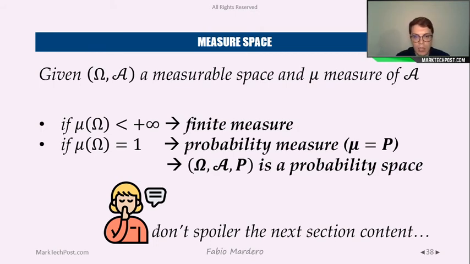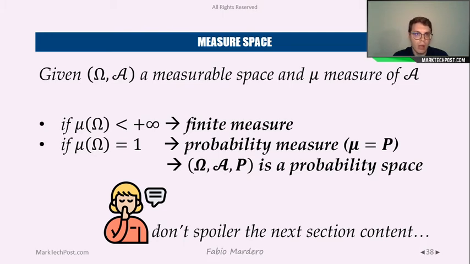But we can define more constraints on the measure. For example, we can impose that the measure computed on the biggest set, the omega set, the entire set, should be a number less than infinity. So we are putting a constraint on the measure, saying that the measure should be finite.